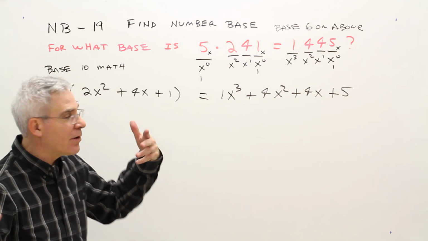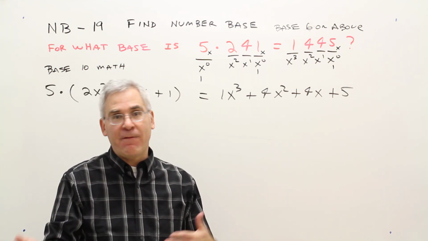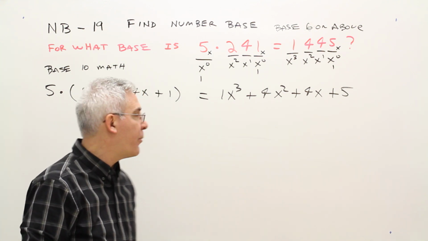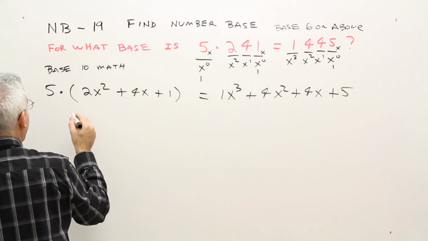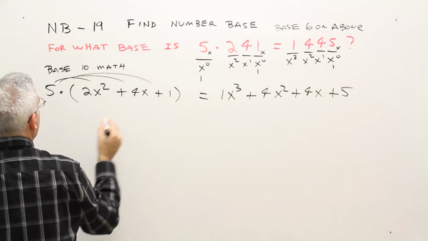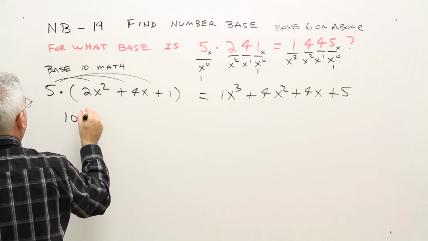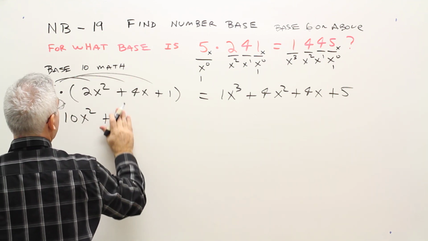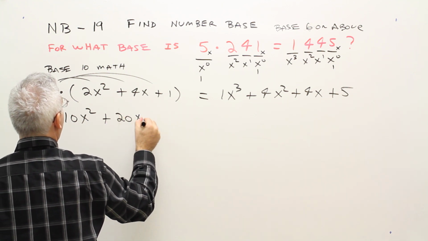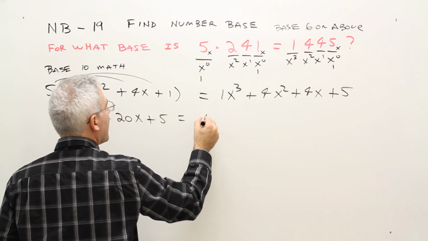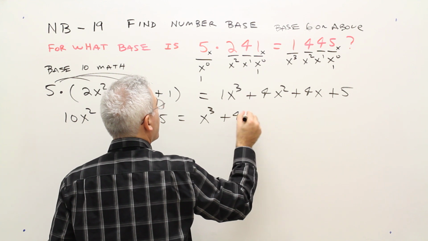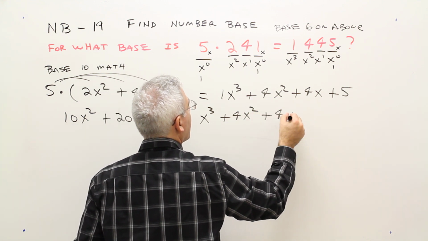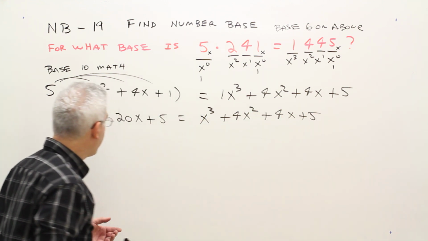I'll distribute, I'll put in standard form, I'll try to factor, use the zero product property. All right, so just distributing: 10x squared plus 20x plus 5 equals x cubed plus 4x squared plus 4x plus 5.